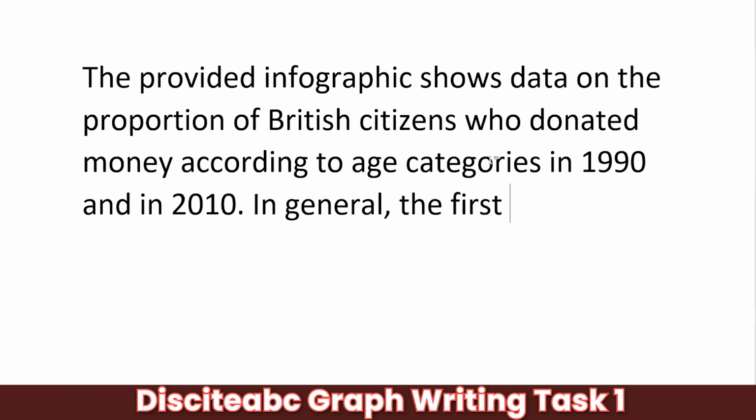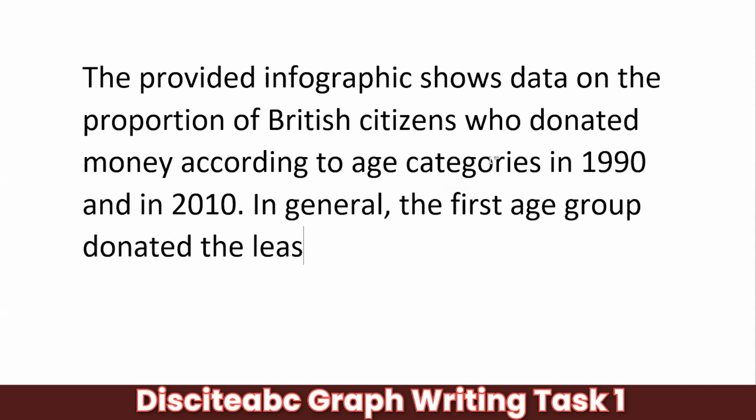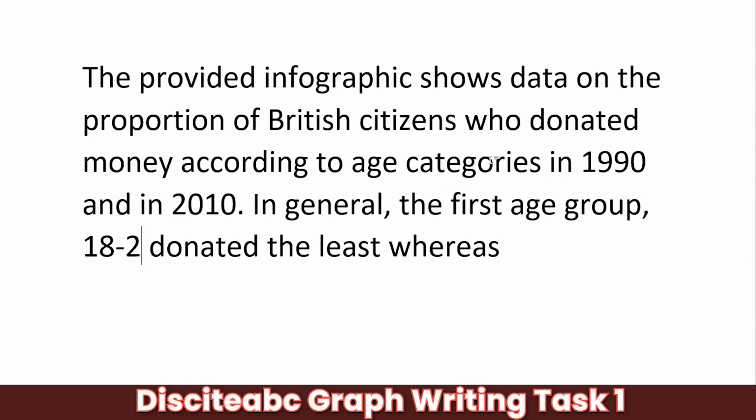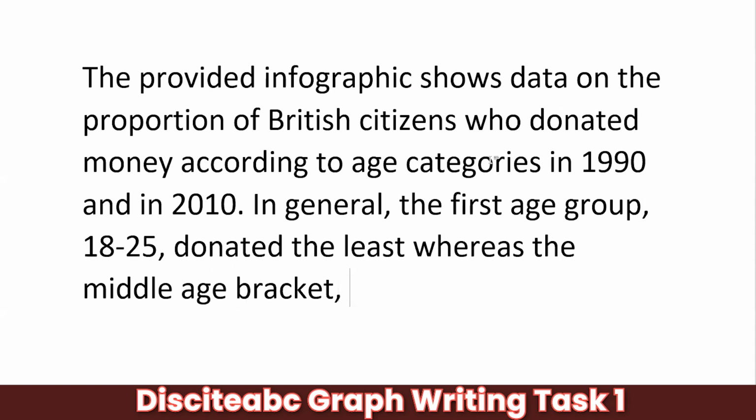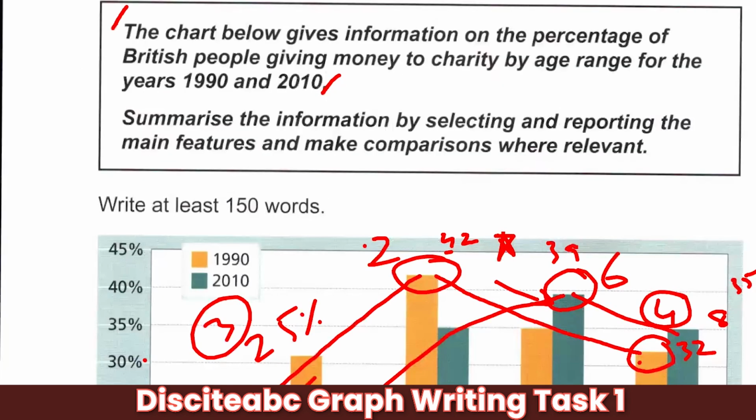The first age group donated the least, whereas, what's the first age group? 18 to 25 donated the least, whereas the middle age category, the middle age bracket, what is it, 36 to 50, is it?